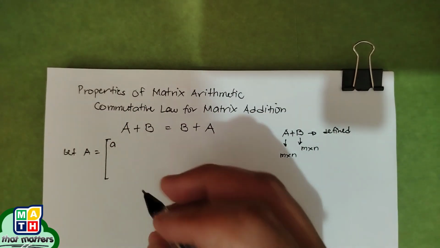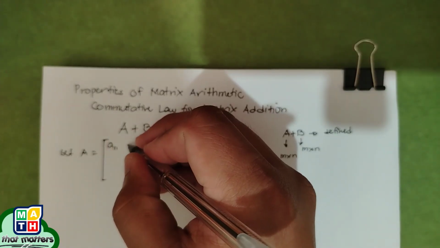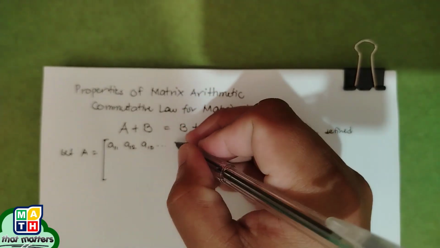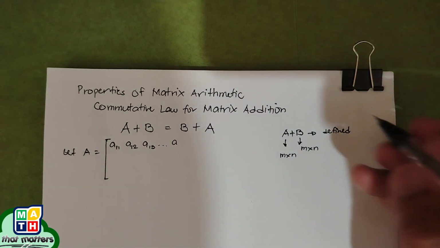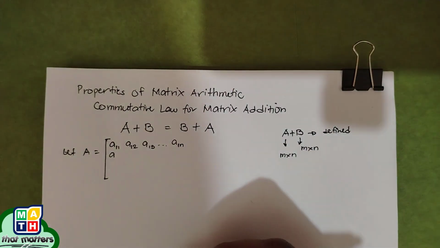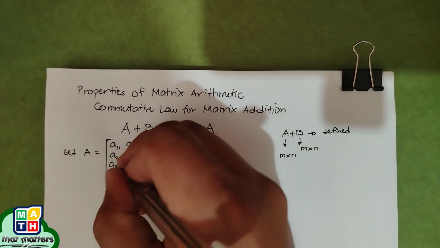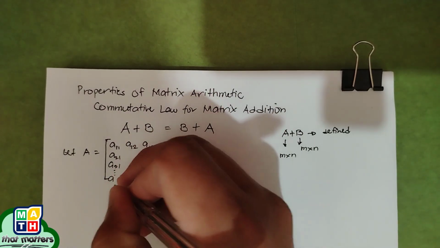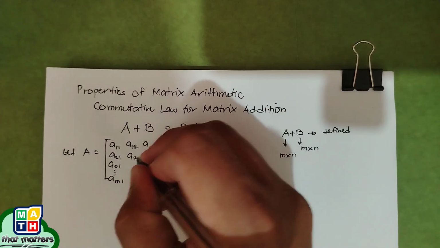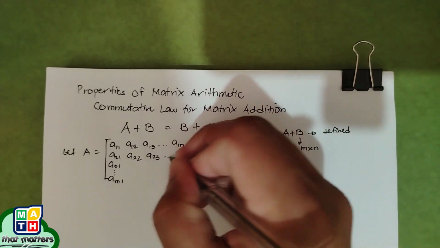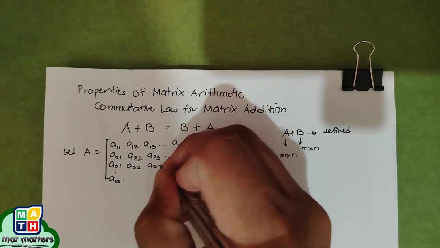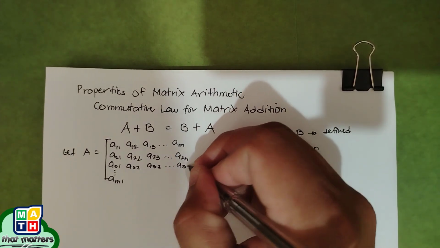Of course, you have your components here, A11, A12, A13, until A1n. And for our rows, you have A21, A31, up to Am1, where m is the number of rows. So we have here A22, A23, A2n, A32, A33, A3n.